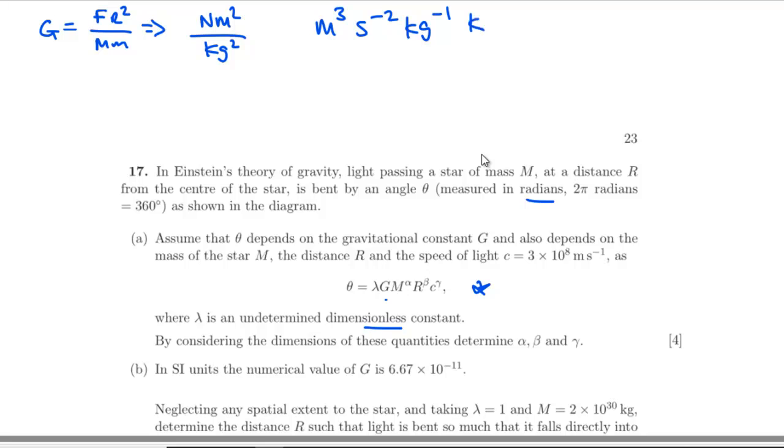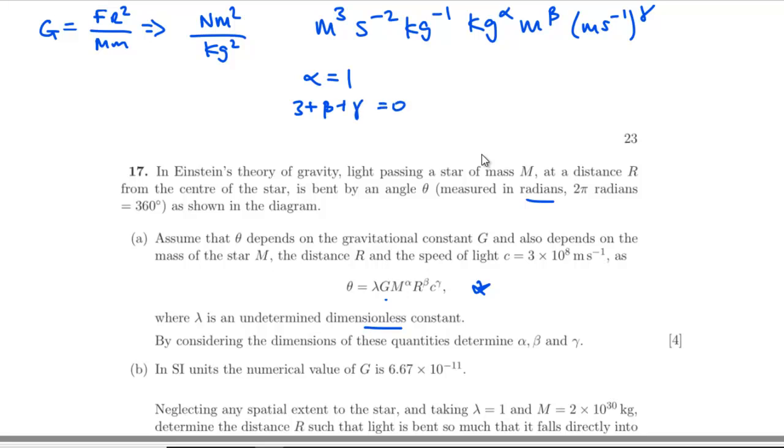Then we've got kilograms to the alpha, meters to the beta, and meters per second to the gamma. So all these have to add up to 0. For kilograms, alpha is 1 because minus 1 plus alpha is 0. For meters, 3 plus beta plus gamma is equal to 0.